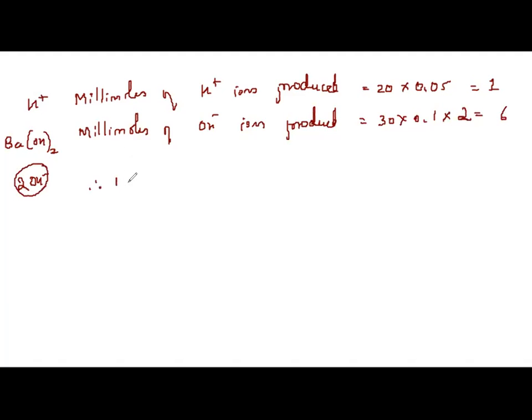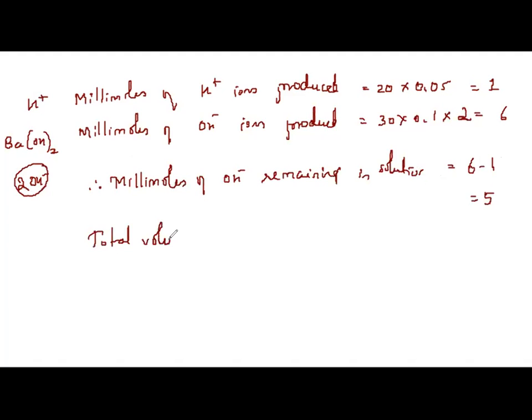Therefore, the millimoles of OH minus ions remaining in solution will be how much? It will be 6 minus 1. That will be 5. Correct? Total volume of the solution will be how much? Tell me.